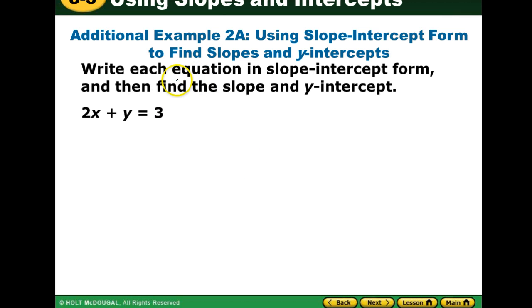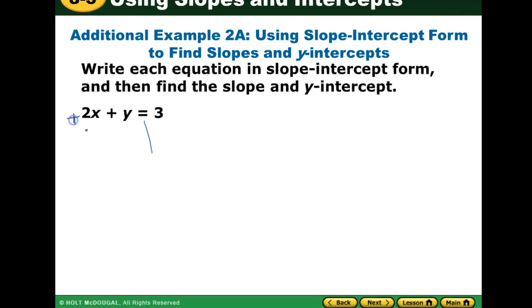so here we have an equation that is written in standard form, and we need to rewrite it in slope-intercept form to make it easier for us if we had to graph this. So all you have to remember, when we are putting things in slope-intercept form, we are basically solving for y. Okay, and here y needs to be alone, so we have to get rid of the positive 2x.